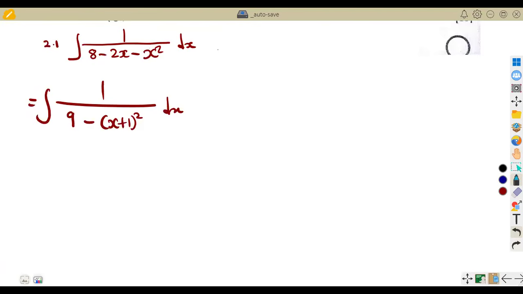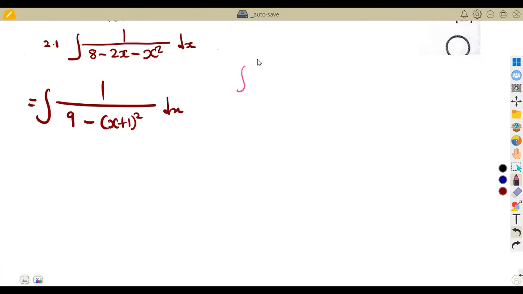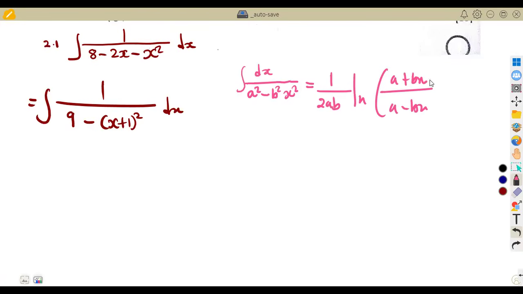Remember, our formula states that if we are given the integral with respect to x of 1 over a squared minus b squared x squared, this is going to give us 1 over 2ab, times the ln of a plus bx over a minus bx, plus a constant c. Okay, this was our formula.